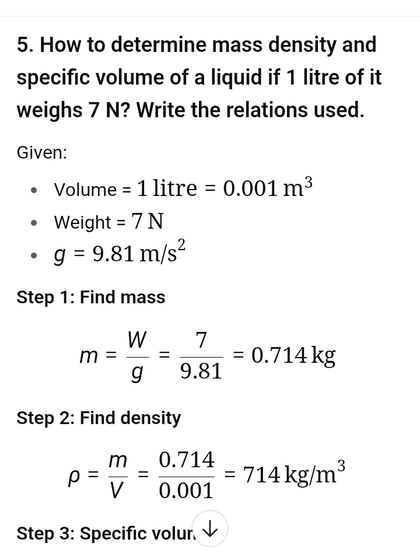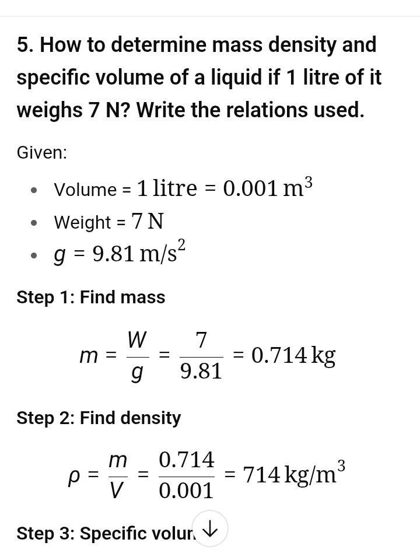Given: 1 liter of liquid, so find volume. 1 liter equals 1 divided by 1000, equals 0.001 meter cube. Weight is 7 Newton.